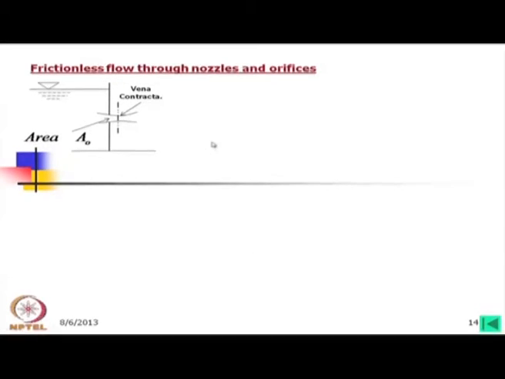This is known theory to you. You will find that oil will flow out and the stream will have a little less area than the orifice area at a certain distance, and then again this area will increase. The minimum area, as you know, is called the vena contracta.